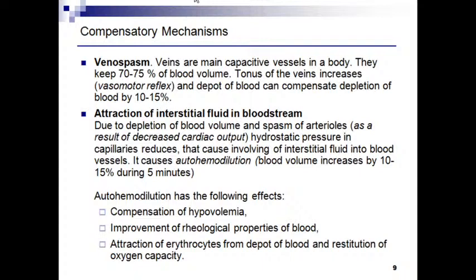And attraction of erythrocytes from the pool of blood, and restitution of oxygen capacity. Oxygen capacity is the amount of oxygen that can be transferred by erythrocytes, and attraction of erythrocytes from the depot is a compensatory mechanism of circulatory hypoxia.